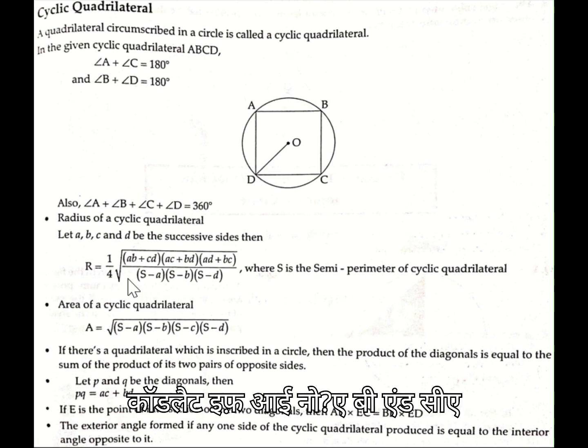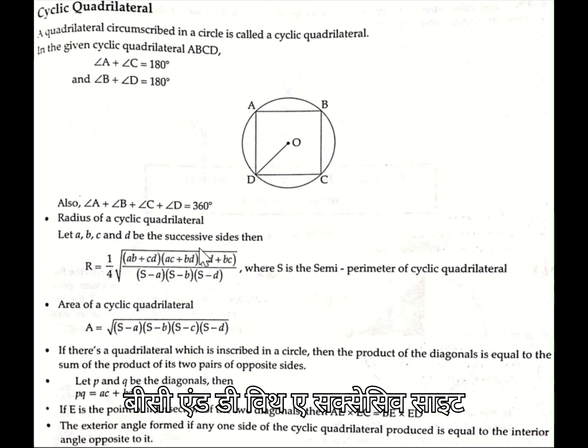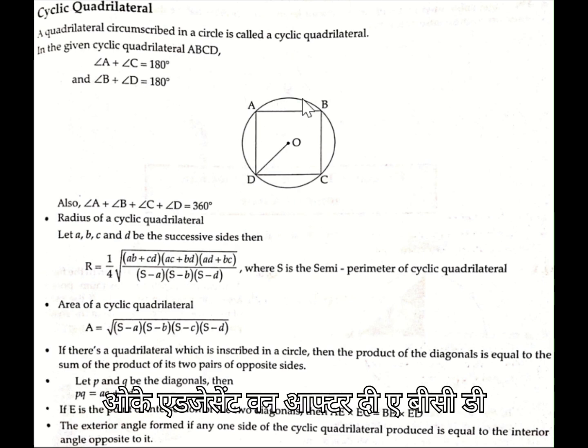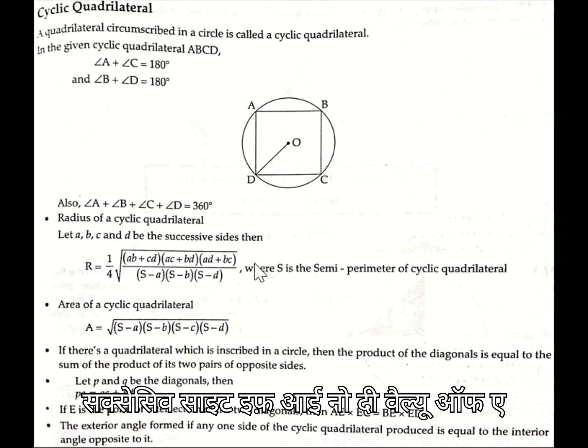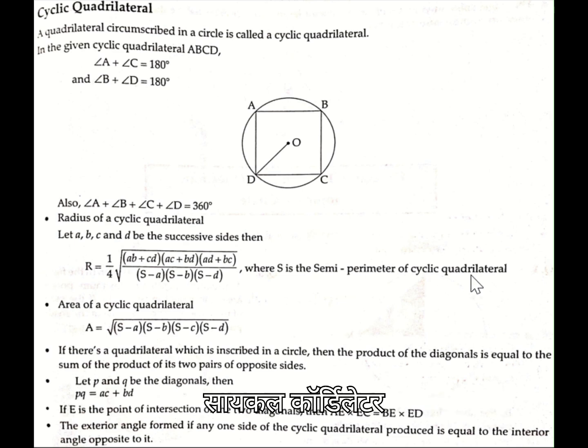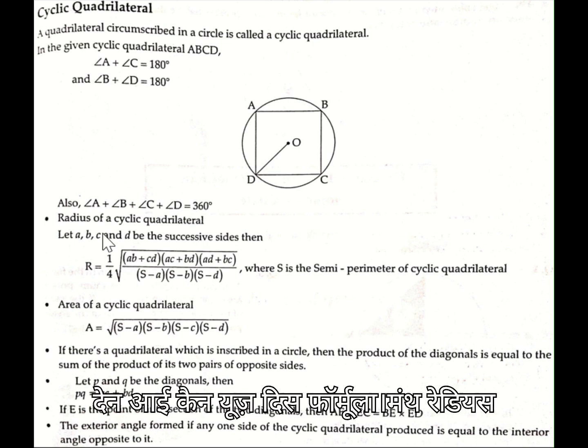How do you find the radius R of a cyclic quadrilateral? If I know a, b, c, and d as the successive sides, okay, adjacent one after the other, and s is the semi-perimeter of the cyclic quadrilateral, then I can use this formula.